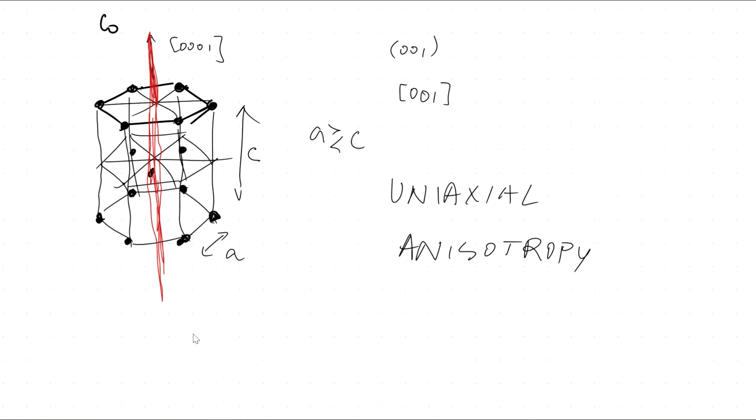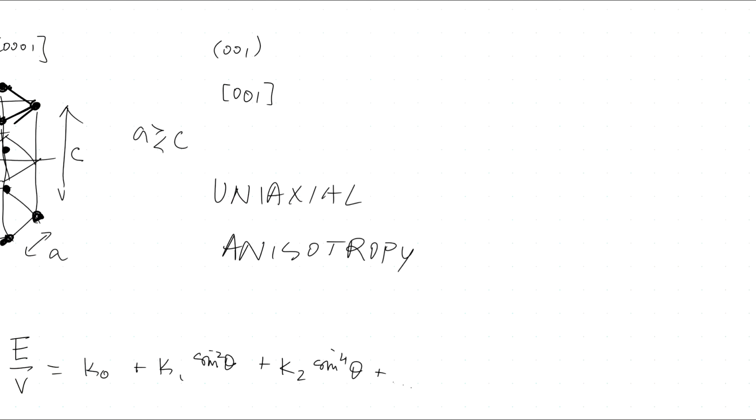So for uniaxial anisotropy, the energy density can be written as K0 plus K1 sine squared theta plus K2 sine to the fourth theta, plus there can be higher order terms. Now, if you look at this, I will scroll to the left, so you will still see this expression for energy.